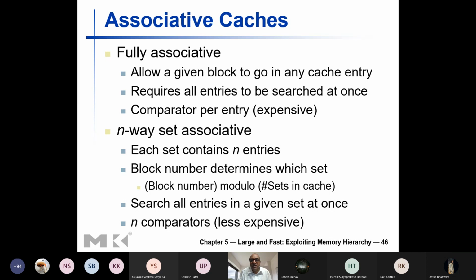If any of the 1,000 comparators gives a success, it means the corresponding block is present. Otherwise, it's not there. So the expensive, complex thing here is that as the cache size increases in a fully associative cache, you require one comparator for every entry. Therefore, the number of comparators incorporated should be very high. That is the problem with the fully associative cache.